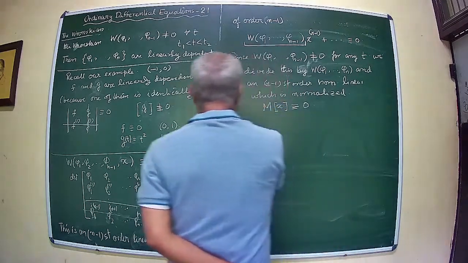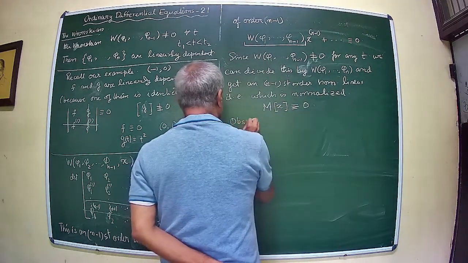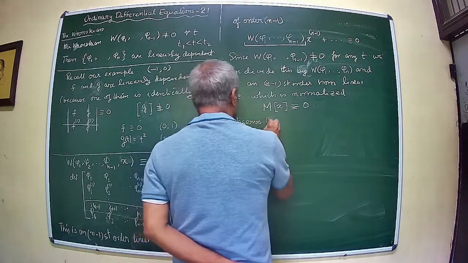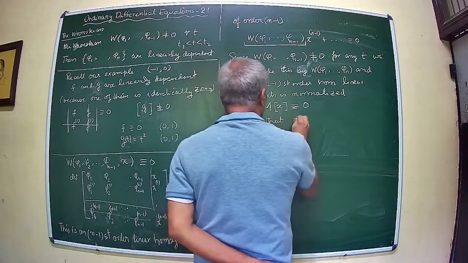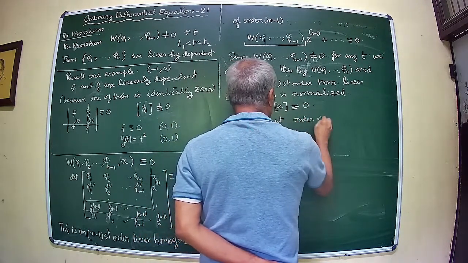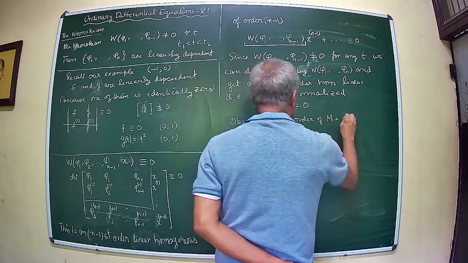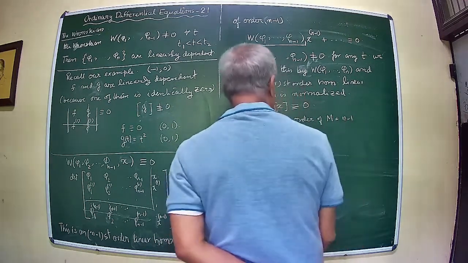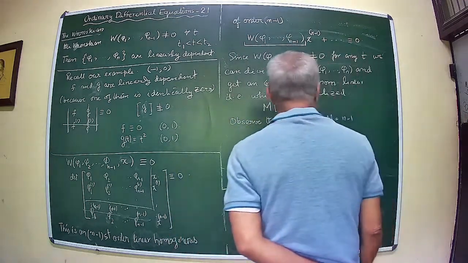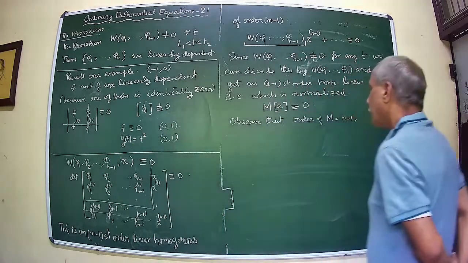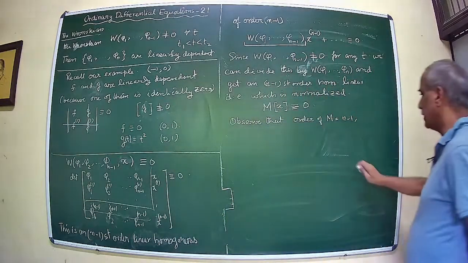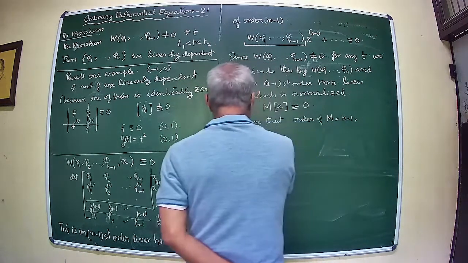Now we observe that the order of m is n minus 1. Further, you also observe that each phi i satisfies it.